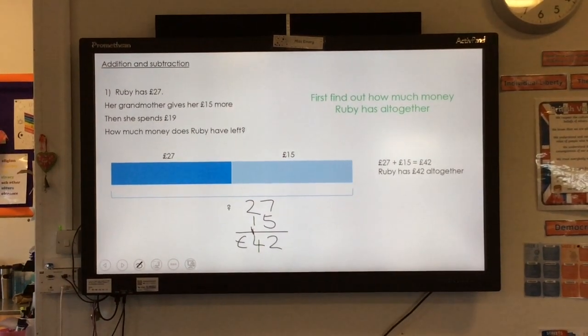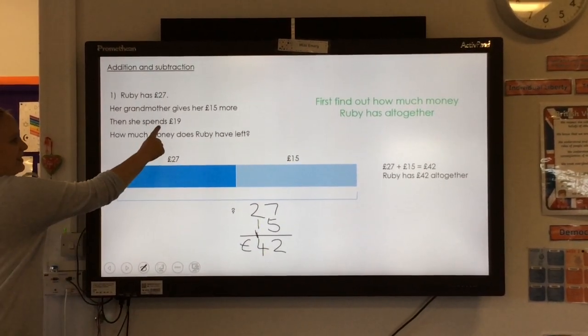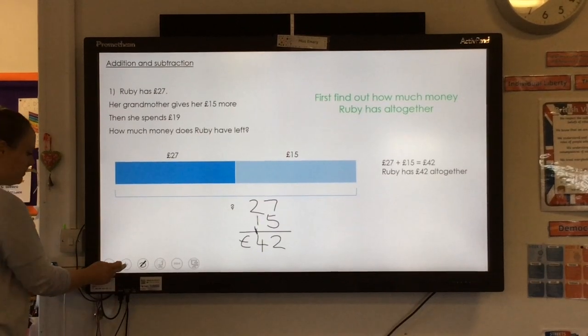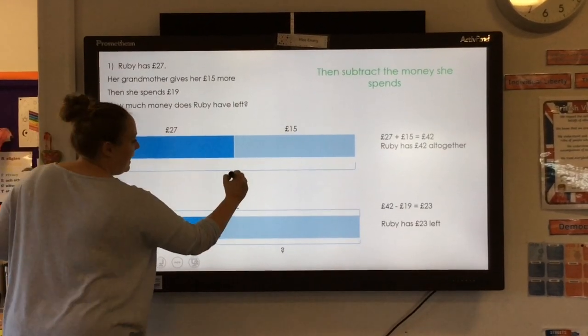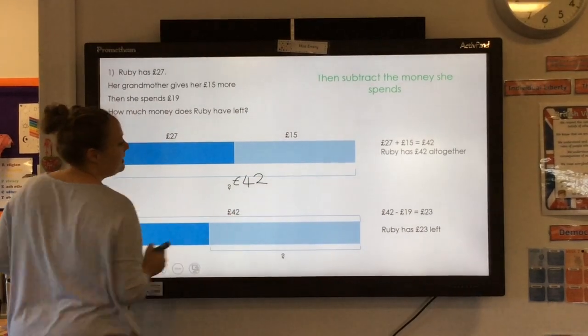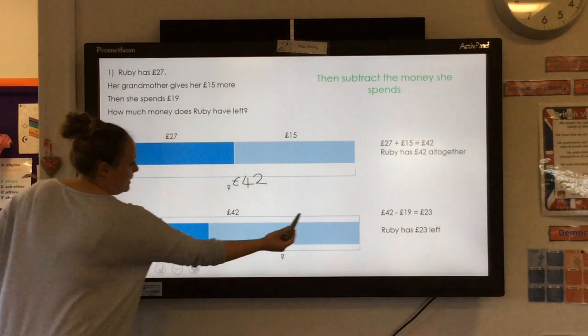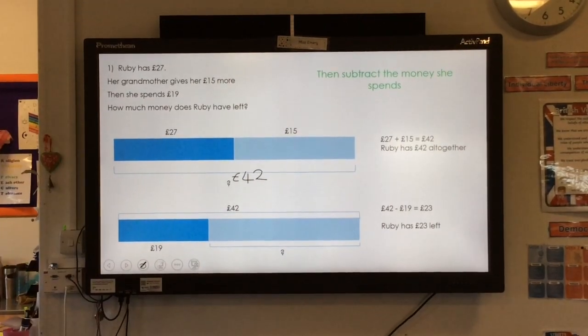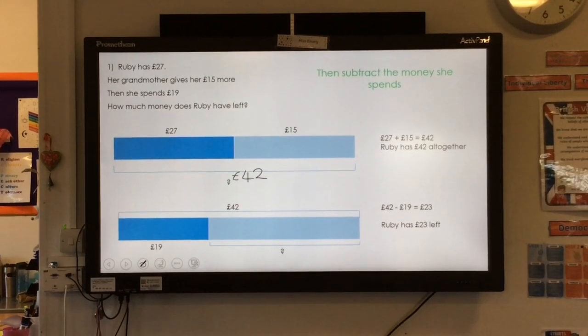However, that is not the end of the problem, because she went shopping and she spent £19. So our first bar model showed us that we had £42 in total. Now we've got our £42, but this time she spent £19.